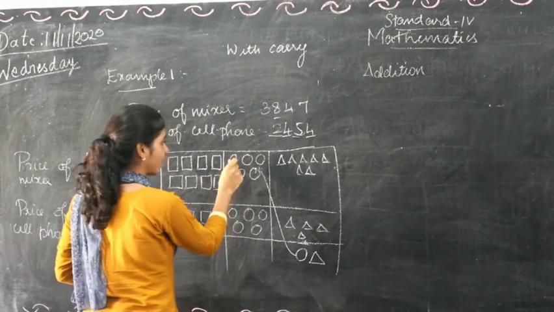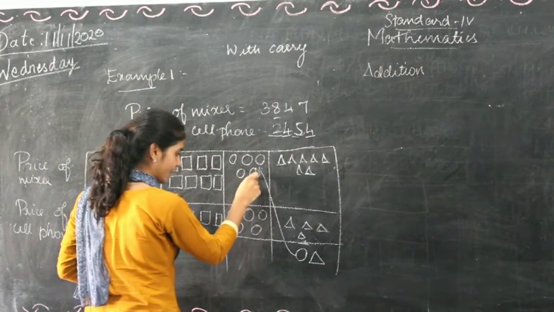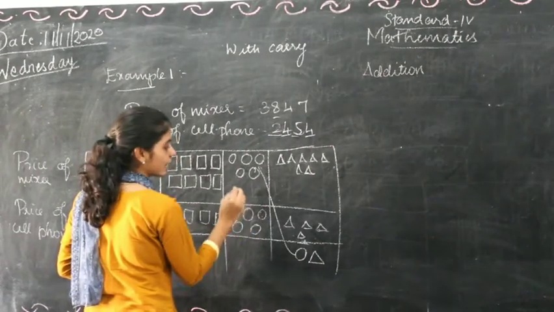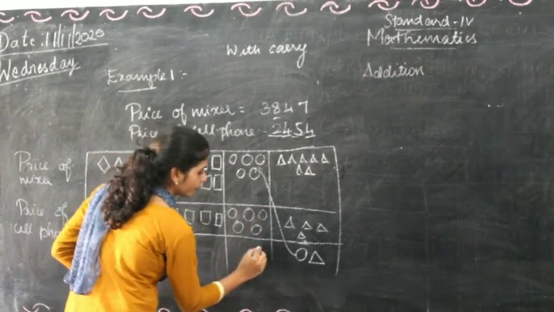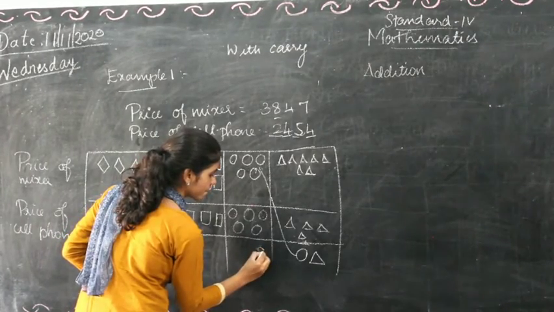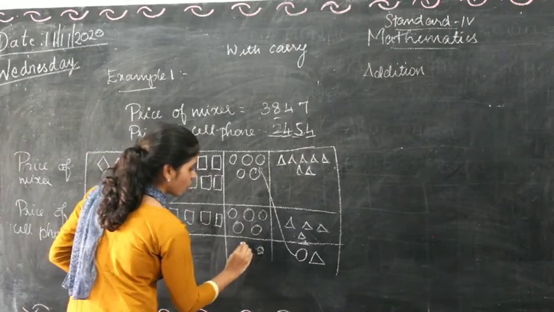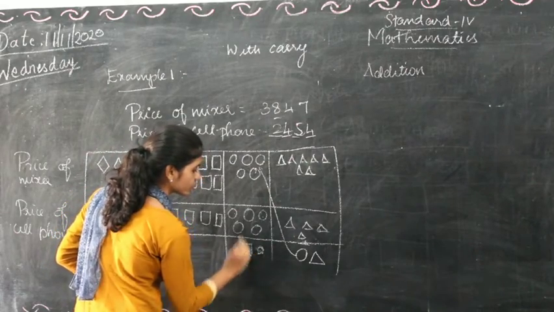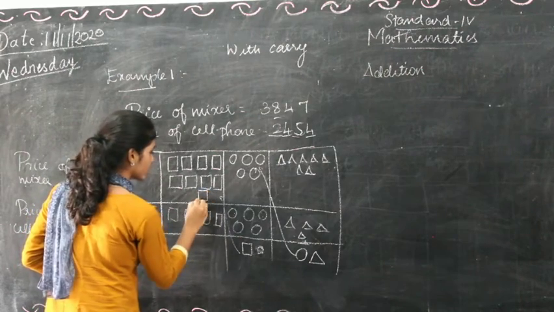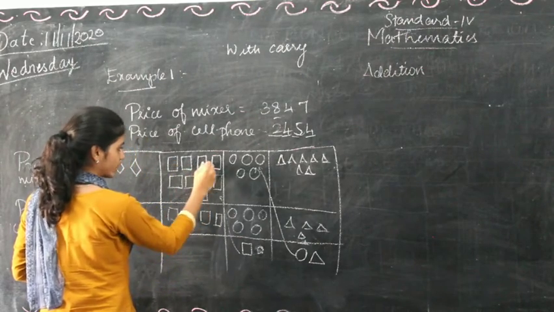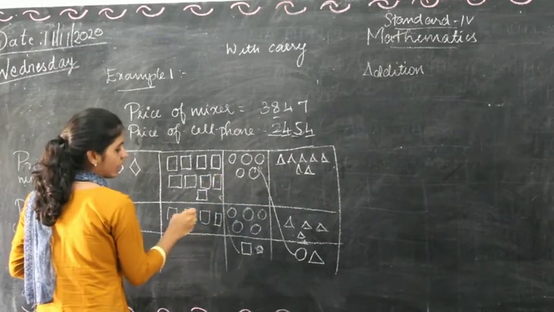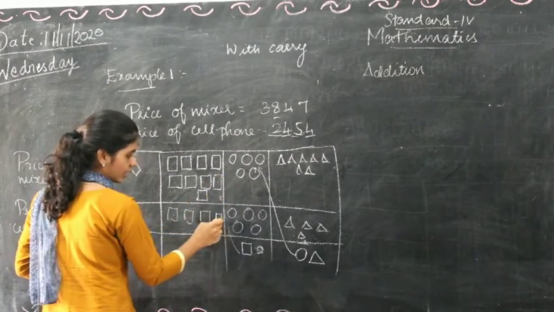So then we'll be having 1, 2, 3, 4, 5 plus 1, 2, 3, 4, 5, which is 10. So here we will be having a 0 plus 100. It will go here and get added up. So here we will be having 1, 2, 3, 4, 5, 6, 7, 8, 9, 10, 11, 12, 13.